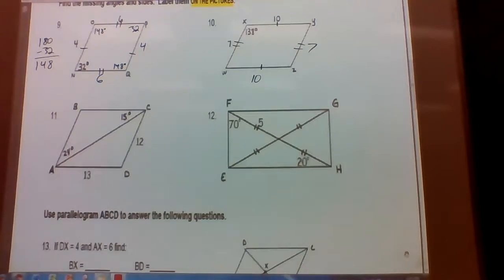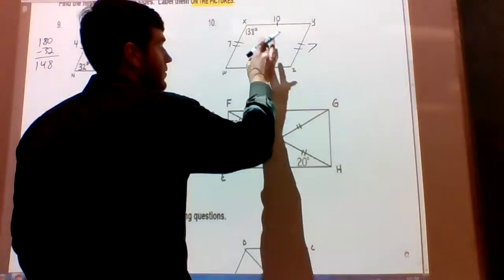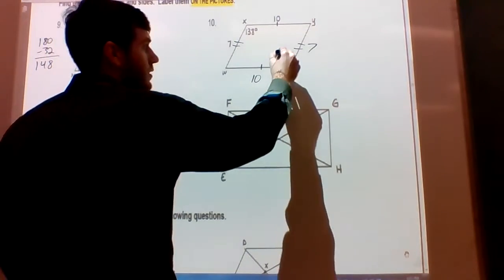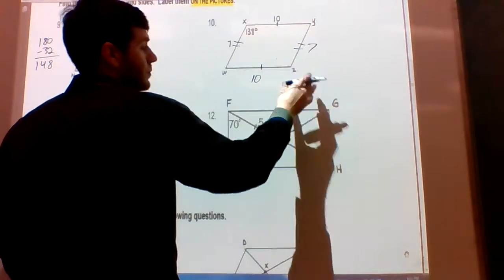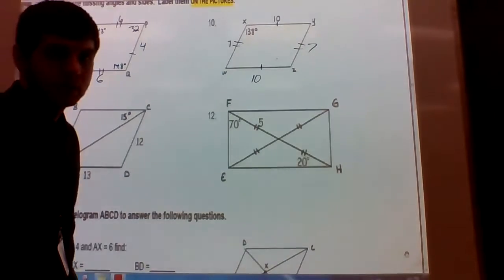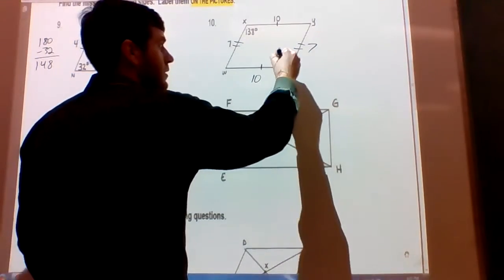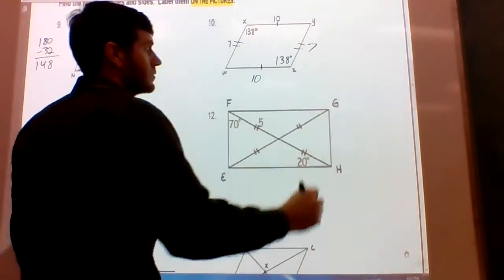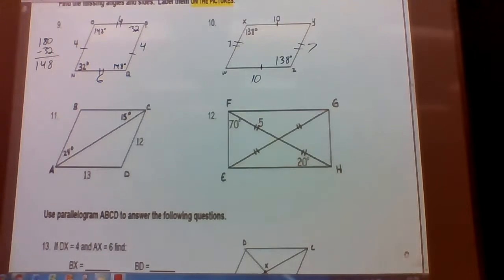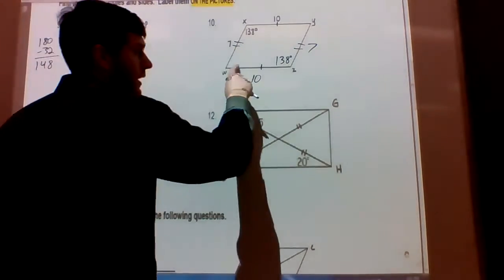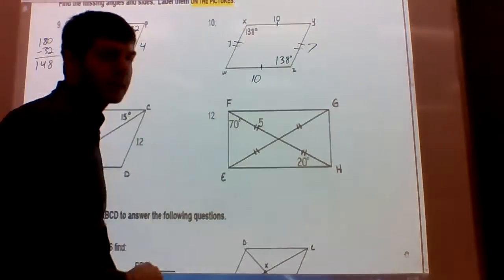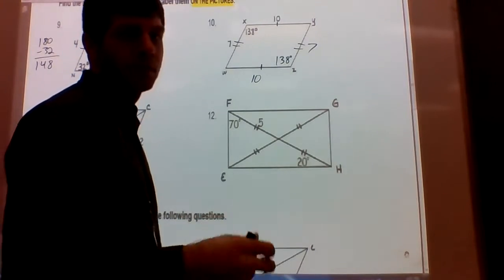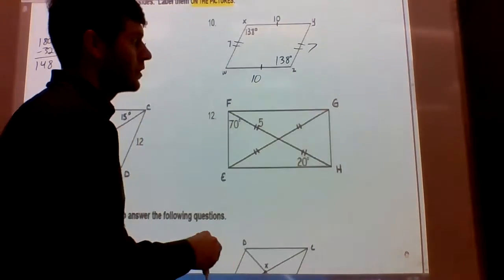And we also know that opposite angles of a parallelogram are congruent. So if the measure of angle X is 138 degrees, then the measure of angle Z is also 138 degrees. Consecutive angles are supplementary. Angle W and angle Z are consecutive angles, so the measure of angle Z plus the measure of angle W should add up to 180.